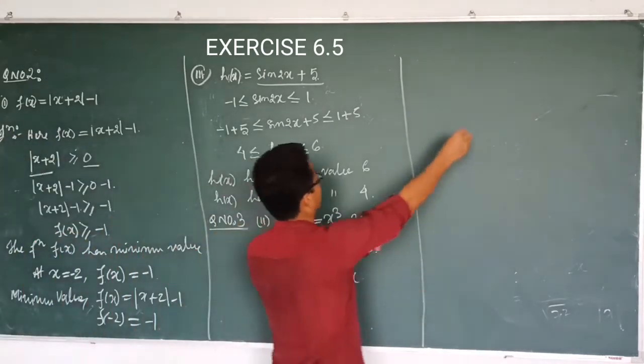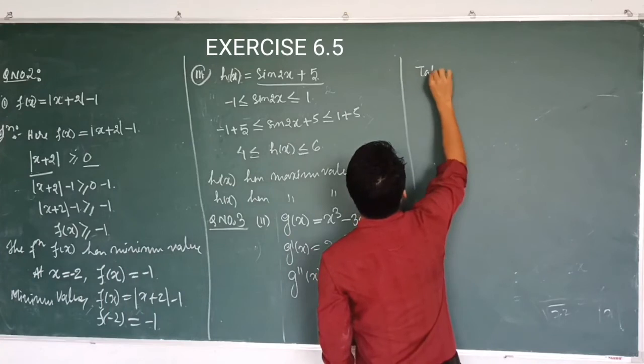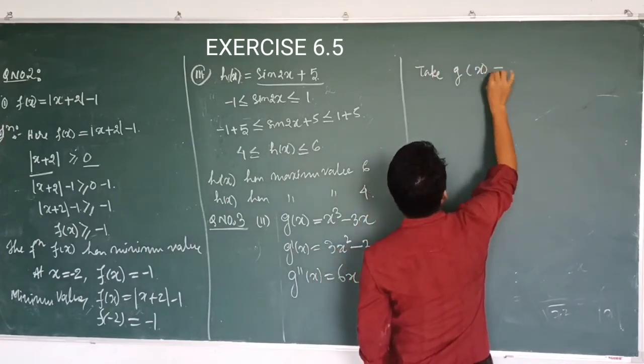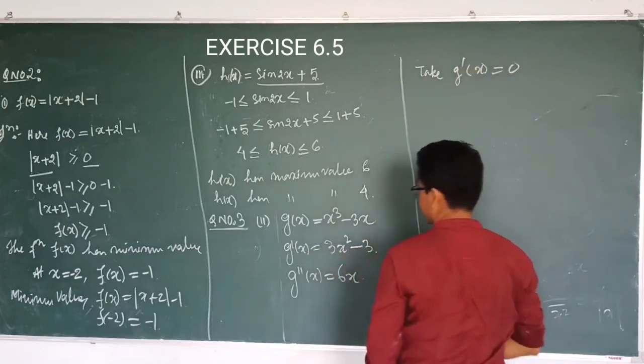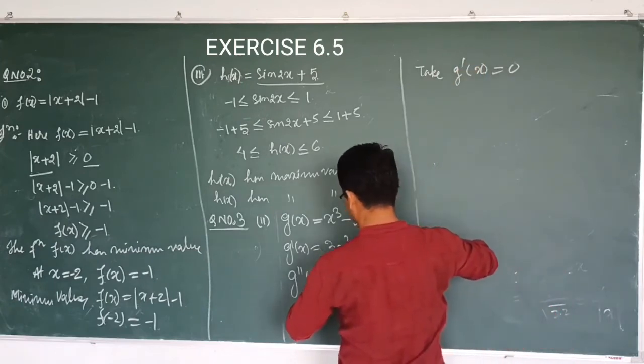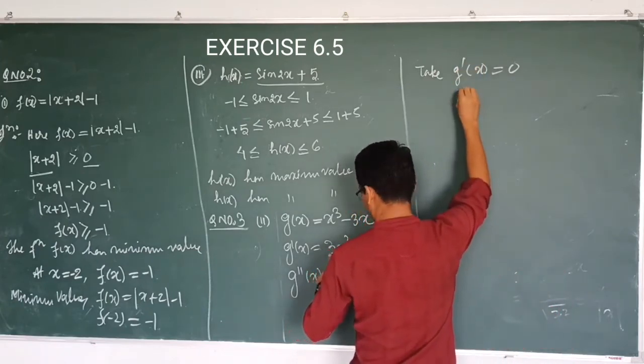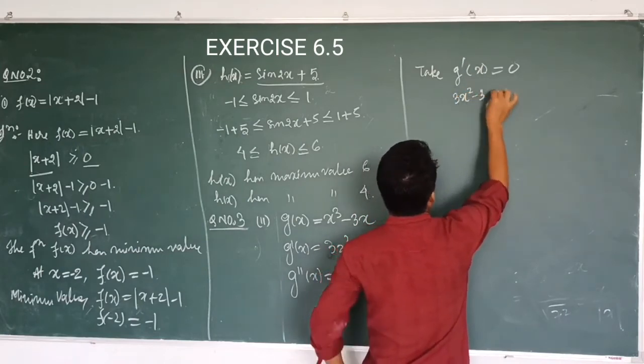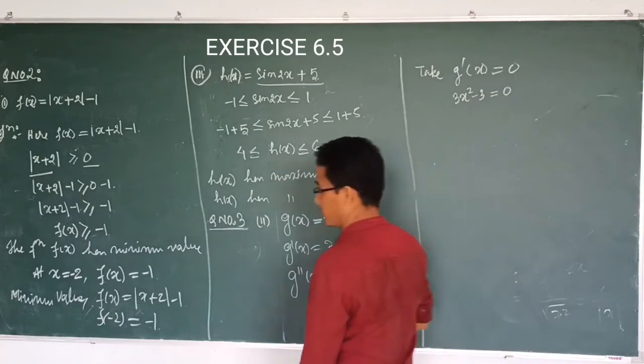Now we take g dash x equal to 0. That means 3x square minus 3 equal to 0.